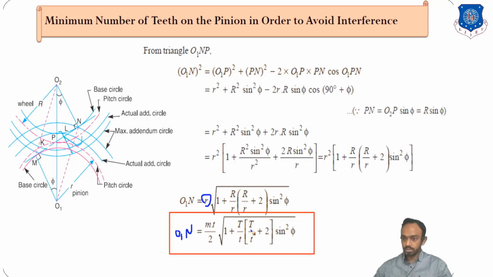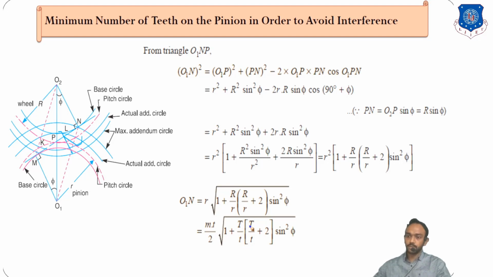R by r is equal to capital G, you know the gear ratio, because you know the T by t is equal to small d by small t, and this diameter can be written as capital 2R, and this diameter can be written as small 2r. So 2 will be cancelled. It is a gear ratio. So this is capital T by small t.